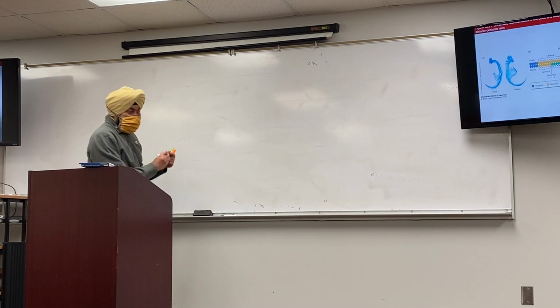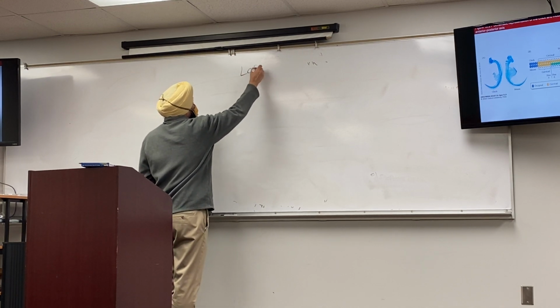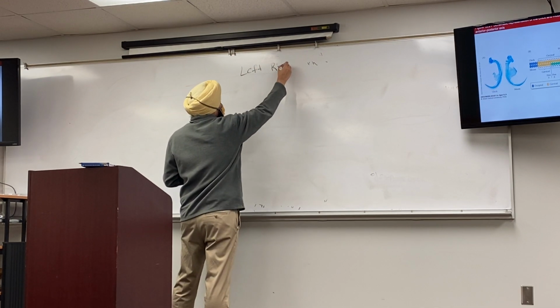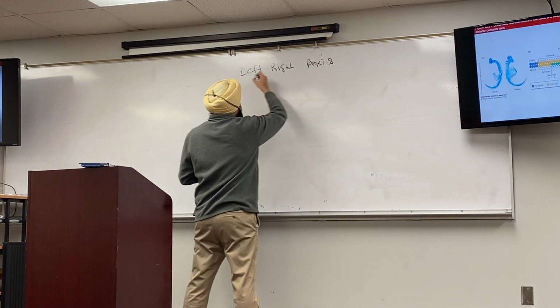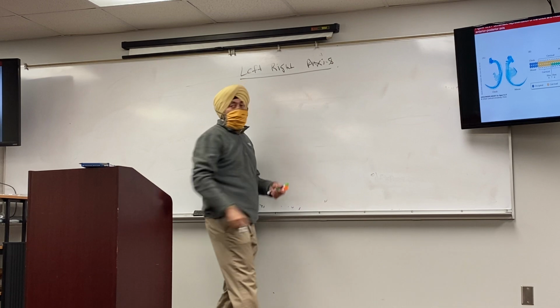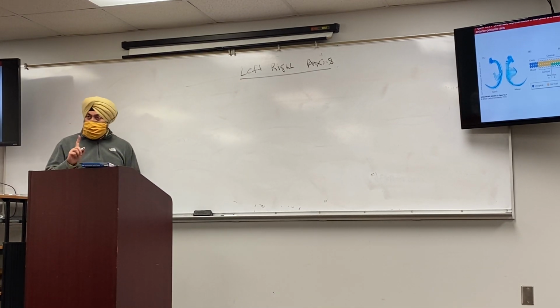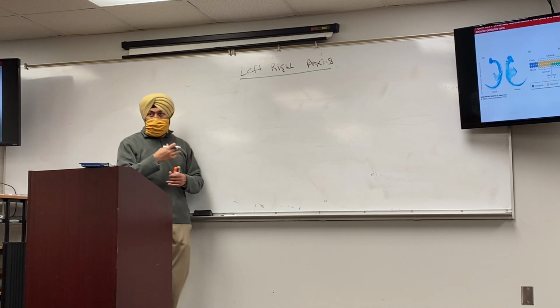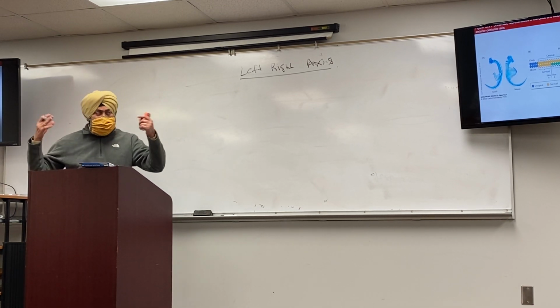So let's talk about the left-right axis. Now, in mammals, we know that we have the heart on the left side and all those things, right? There is a left-right axis.